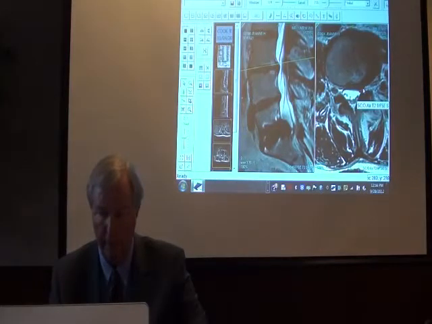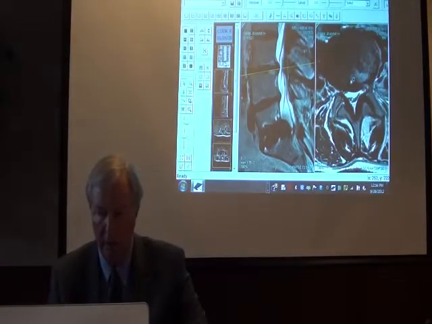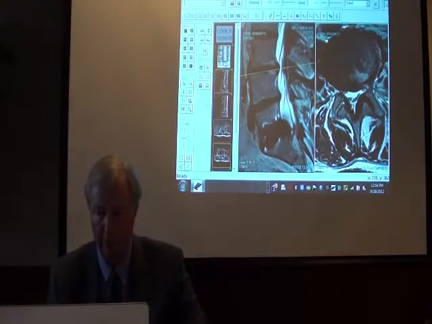It's compressed right here in the foramen at L3-4. As we go down, again, you can see the thecal sac compressed at L3-4. And this is a fairly significant change between the appearance of the L3-4 disc now compared to before.